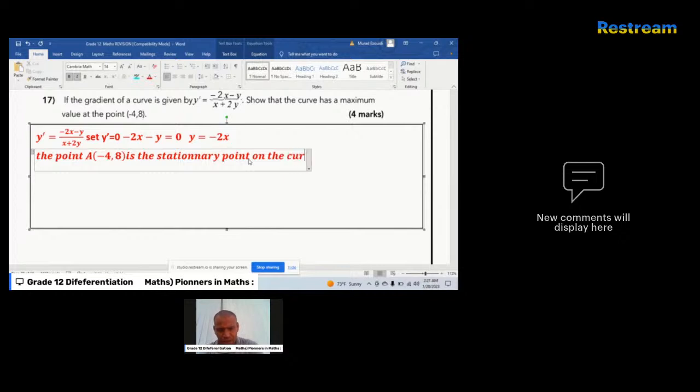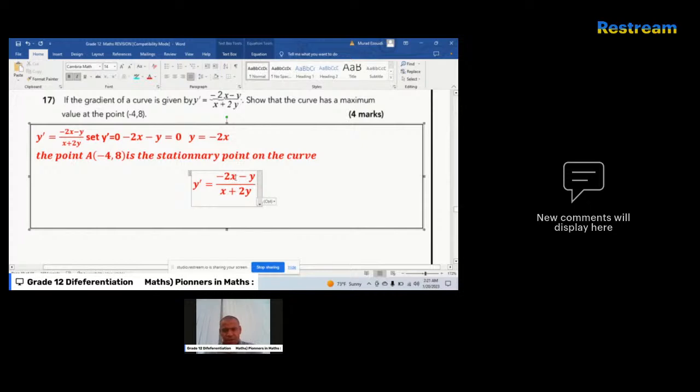Now we need to find the equation of the curve y, because you will integrate this, and the integration will be the next step. Therefore, learners, I should now differentiate this again. This is my function.